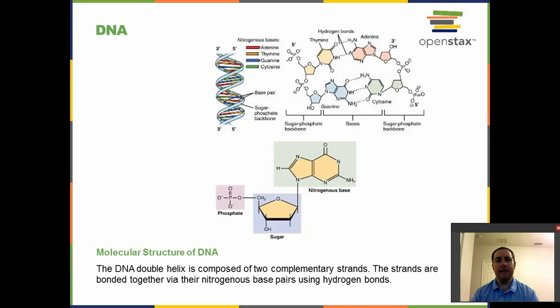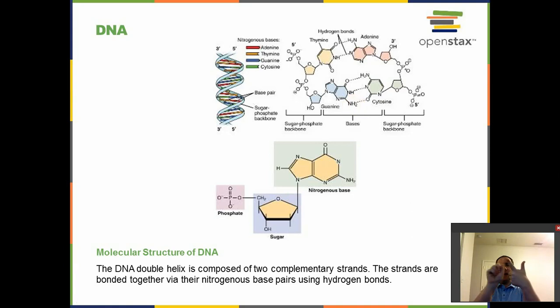A's and T's, C's and G's. You will never ever see an A with a G or a C. That's because A's and T's form 2 hydrogen bonds, and G's and C's form 3 hydrogen bonds. That's why they are not compatible with each other.